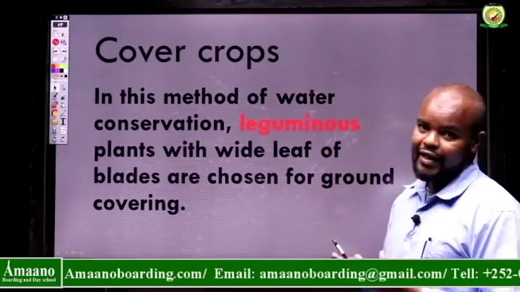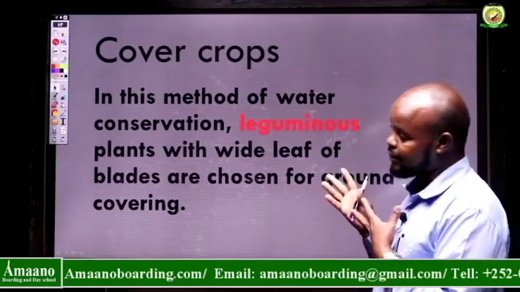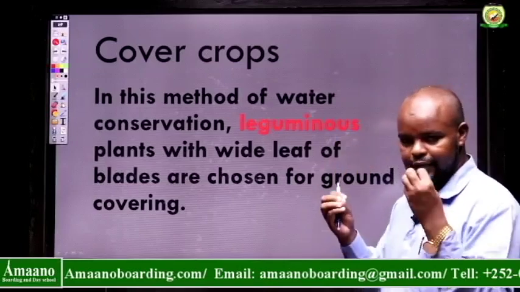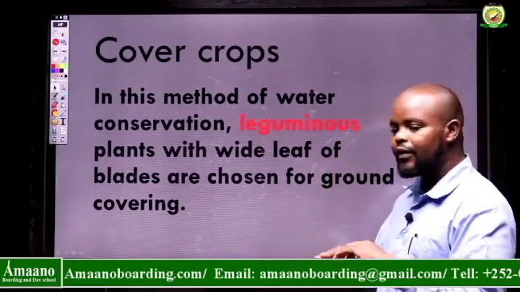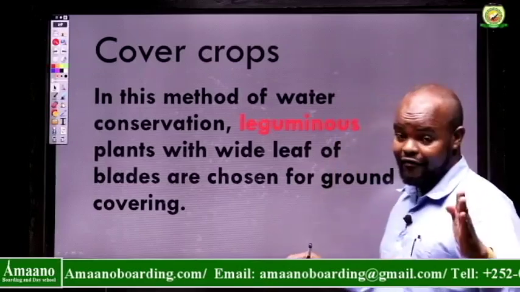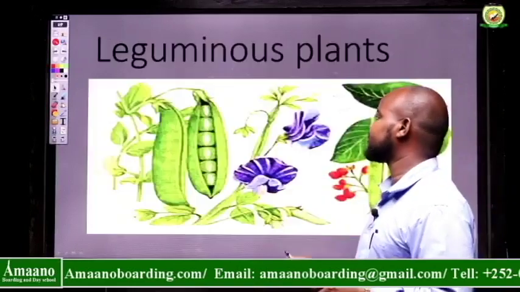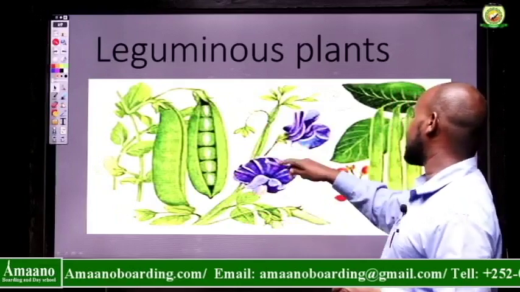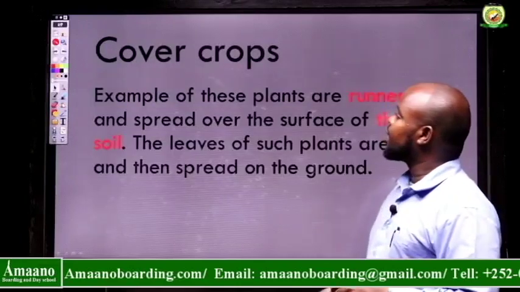The soil has some water, and if not protected by vegetation cover, that water will evaporate. So to protect it, we grow plant cover on top of it. These are the leguminous plants we are talking about. These are beans, cover crops.